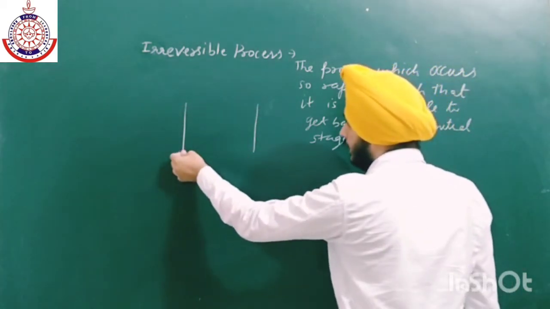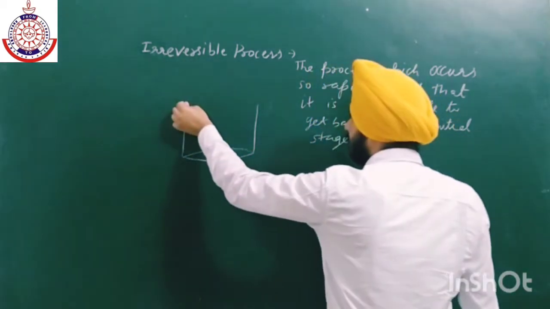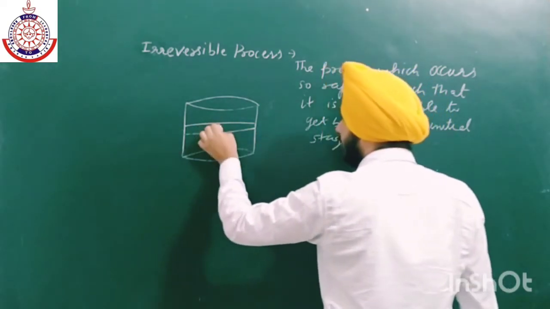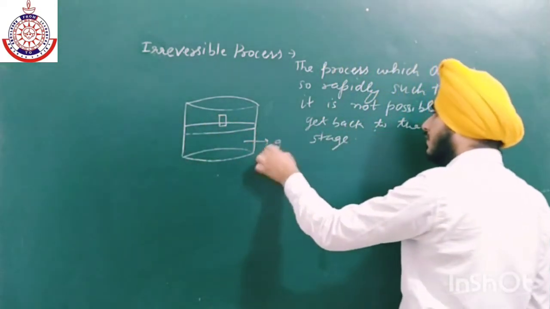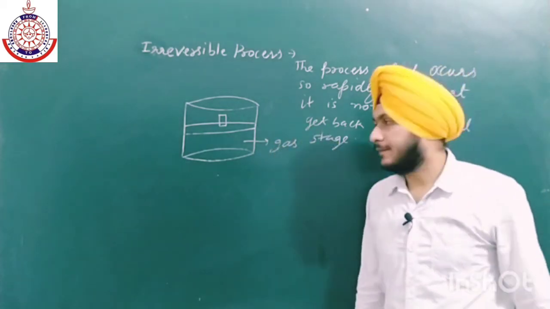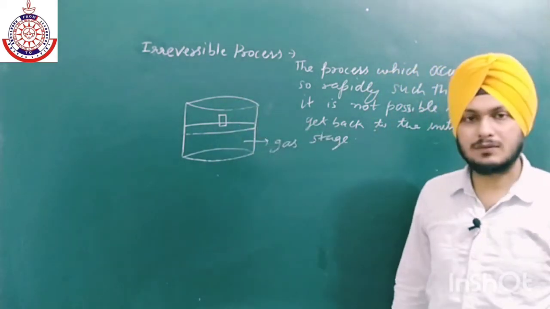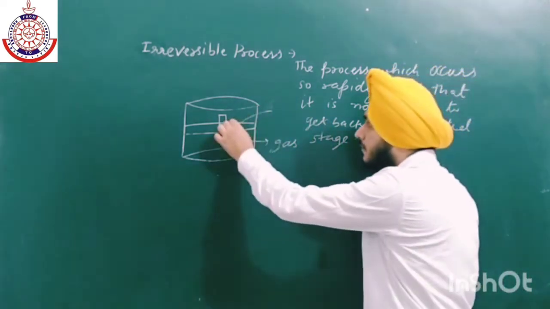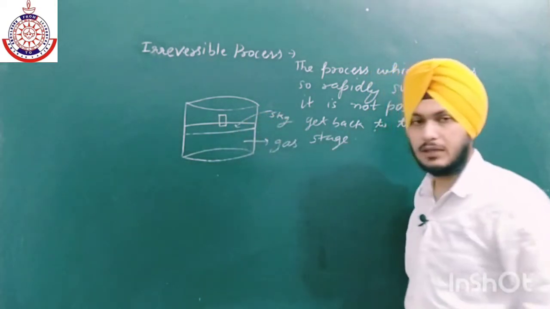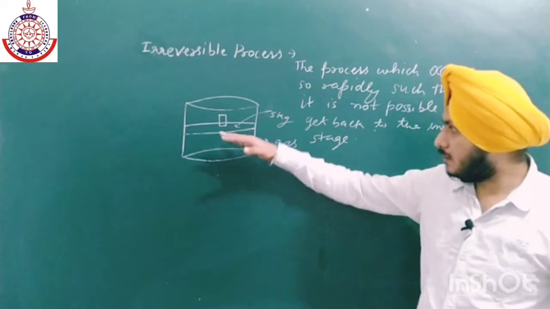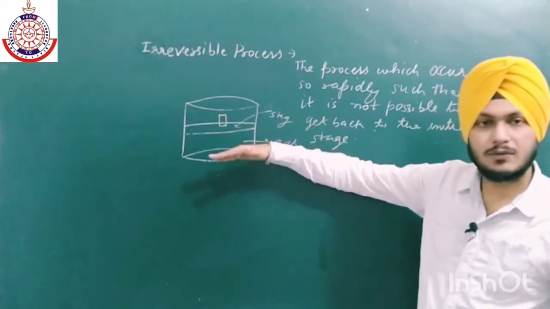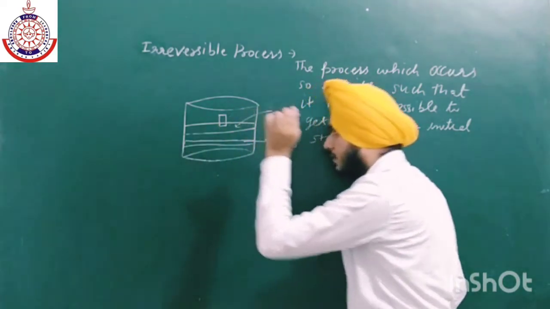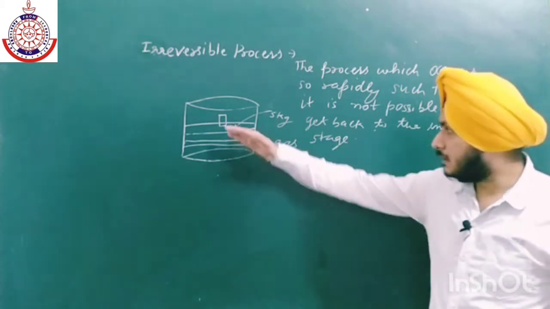For example, if we have a piston, and again I am taking a system with a gas. Now in case of irreversible process, if I put a large amount of mass over it, like 5 kg, the piston starts moving downward in a single step.